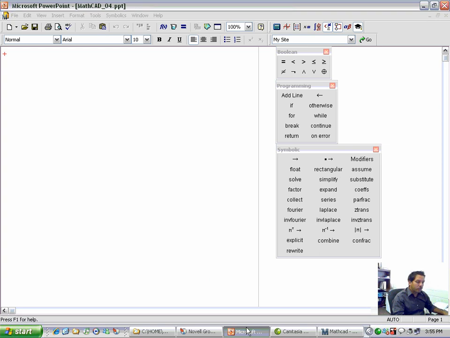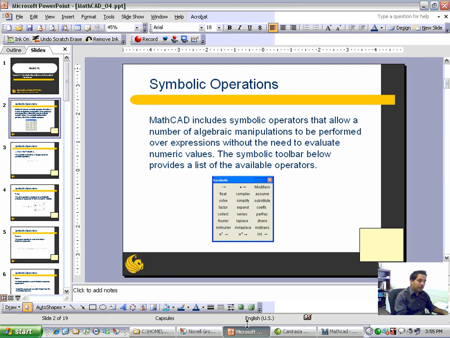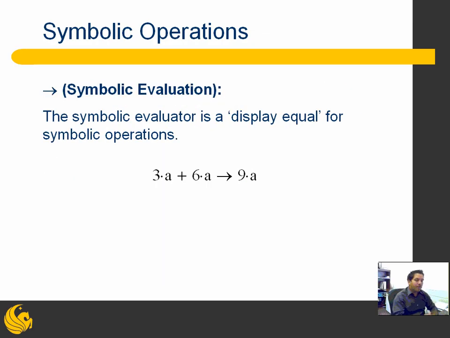For example, going back to the presentation, the first of these operations that we are going to exercise is the use of the right arrow, the symbolic evaluation arrow. This is sort of a display equal sign, but only for symbolic evaluation. Remember that we've actually used many forms of the equal sign in MathCAD.